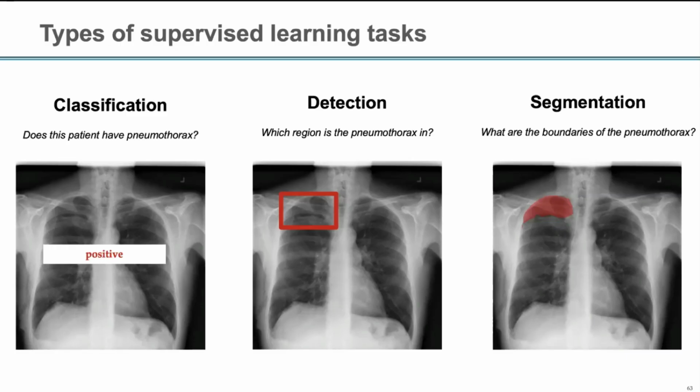So much better would be to highlight the area of concern, because then they can either accept it or dismiss it right away without having to go up and down trying to see, is there a fracture here, is there a fracture here, and then getting frustrated when they don't find that.